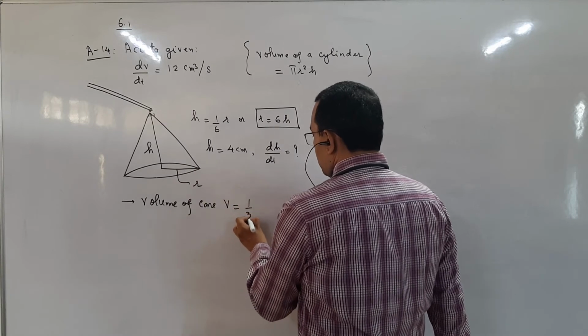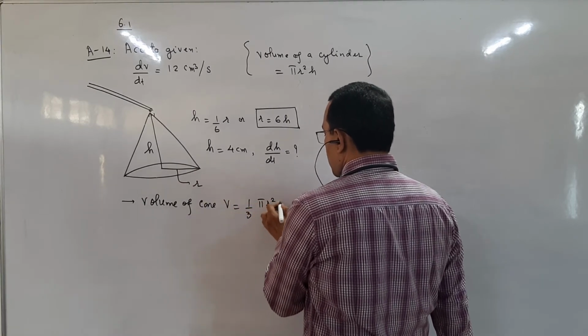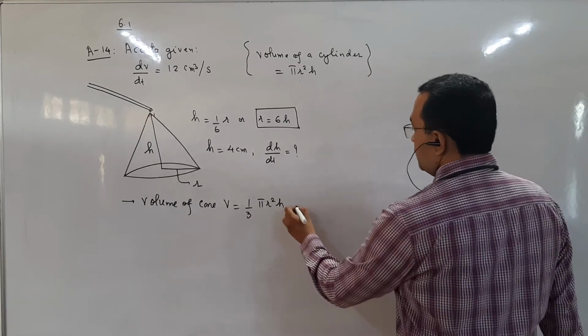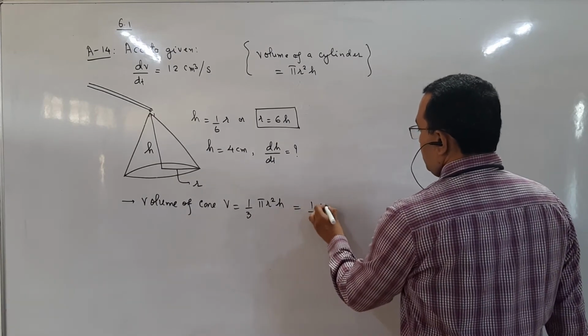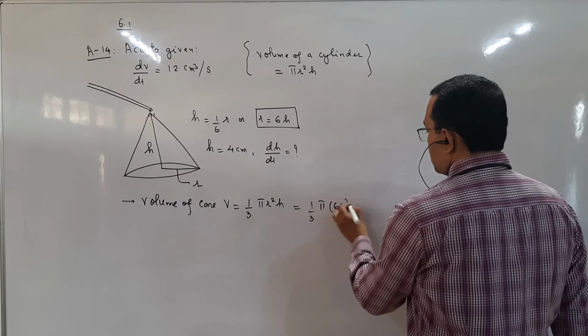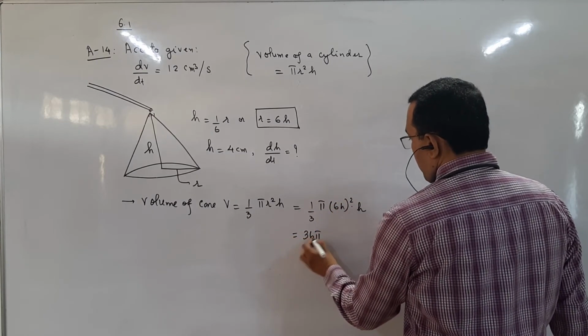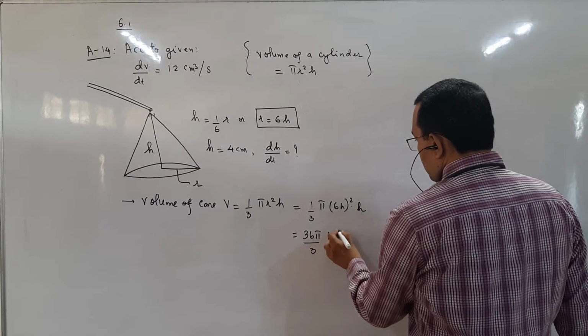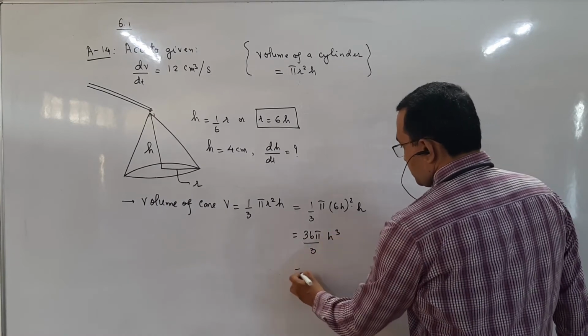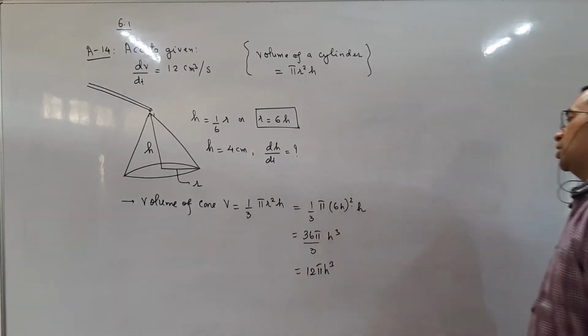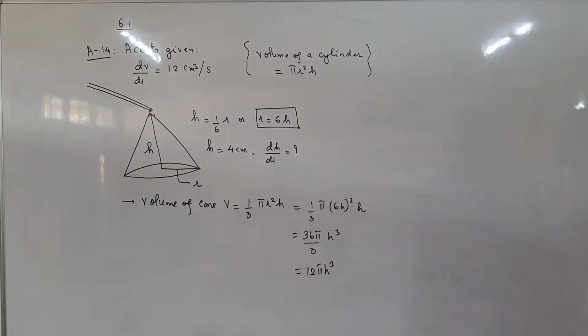V is 1/3 pi r square h, and I find that r is equal to 6h. So 1/3 into 6h square into h, and this is 36 pi by 3 h cube. So 12 pi h cube according to the given condition.